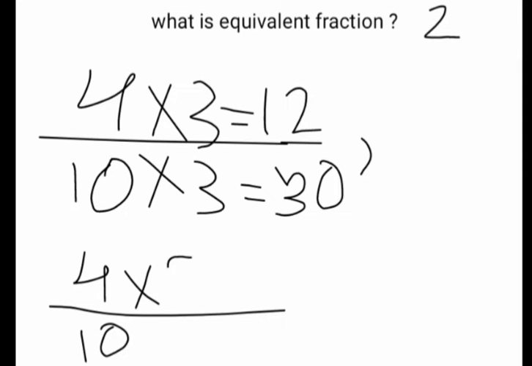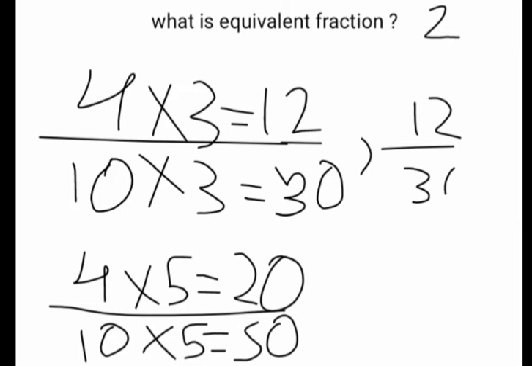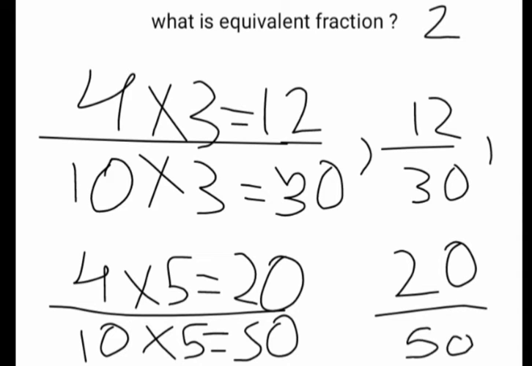We will take 5. Any number you can take. Okay. So 4 into 5 will be 20 and 50. So the two equivalent fractions of 4 upon 10 are 12 upon 30 and 20 upon 50.